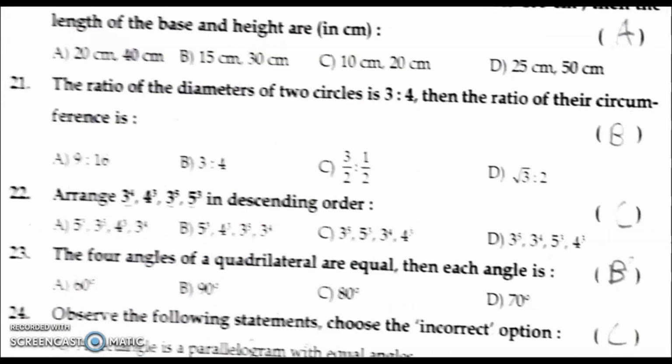So here we are at the 21st question. The ratio of the diameters of two circles is 3:4.